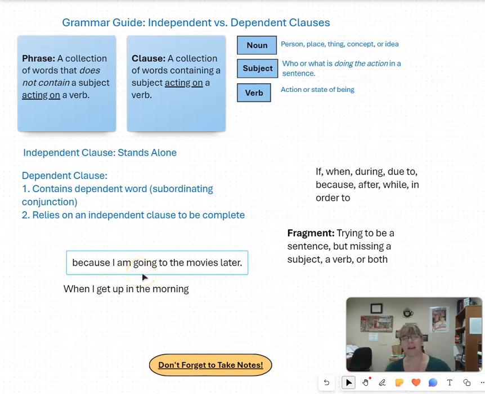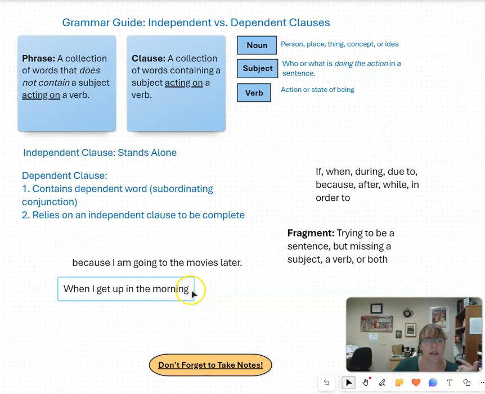That's true, but we need the independent clause to give us the primary subject and verb of the sentence. Like, so-and-so needs to be picked up now because I'm going to the movies later, right? I might not be the subject of the sentence, but we're saying this has to be done now because I can't do it later. I'll be at the movies, okay?